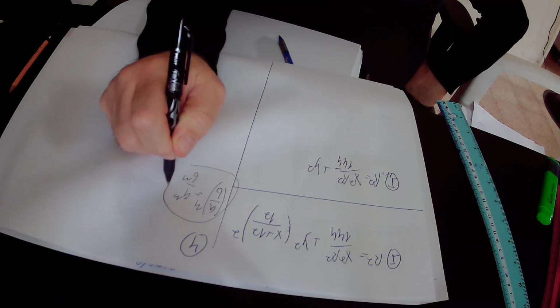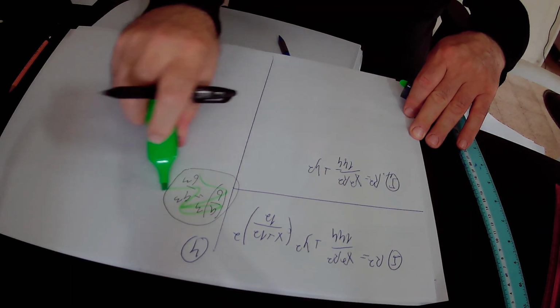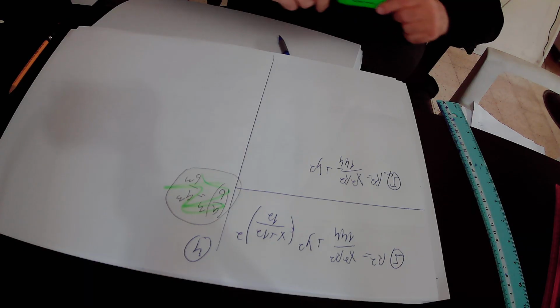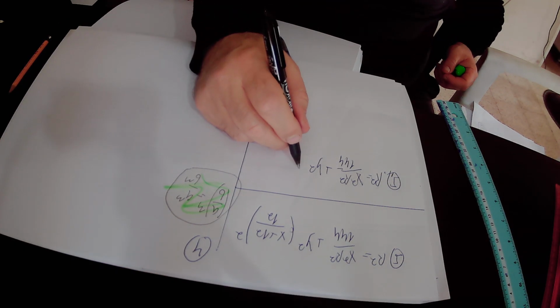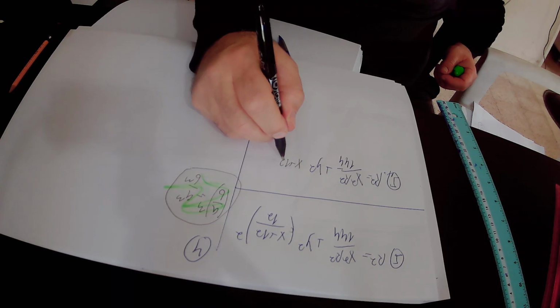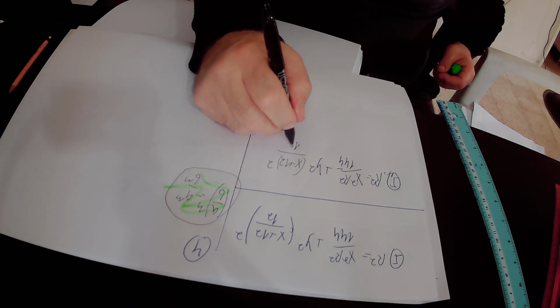According to this algebraic identity, (x plus 12 over 12) squared will be equal to (x plus 12) squared over 12 squared, that is 144.